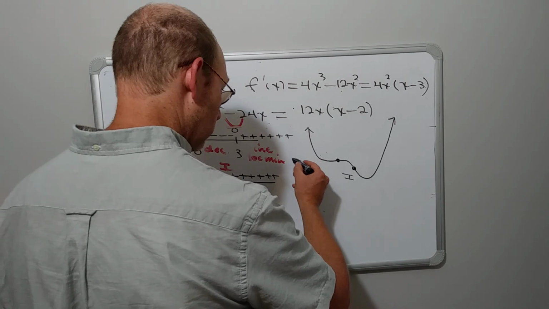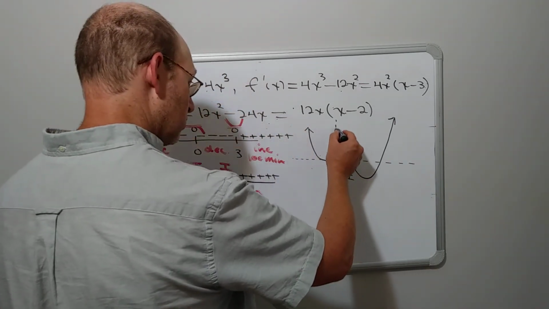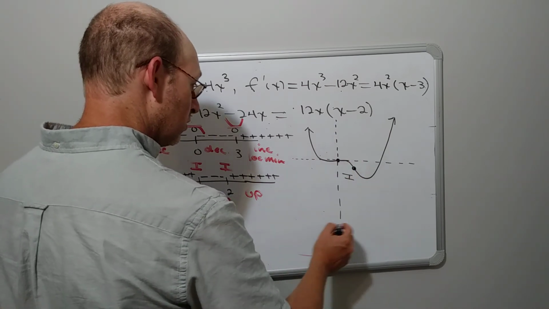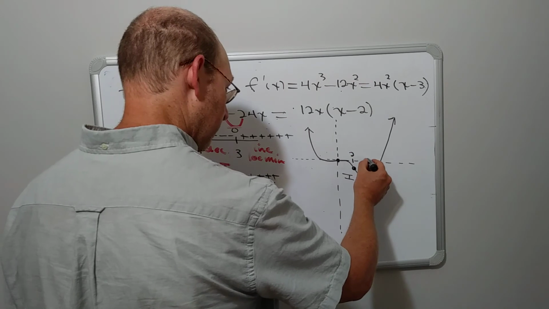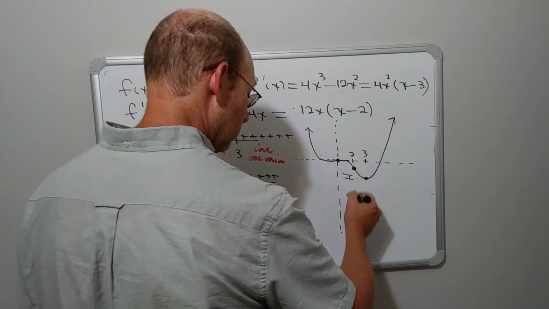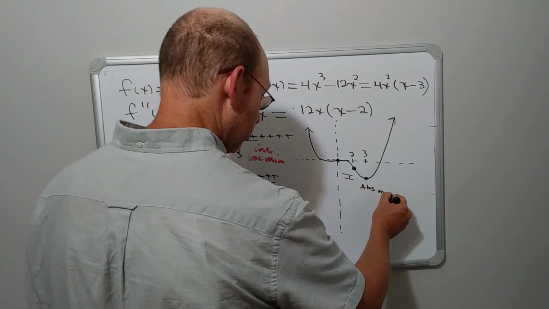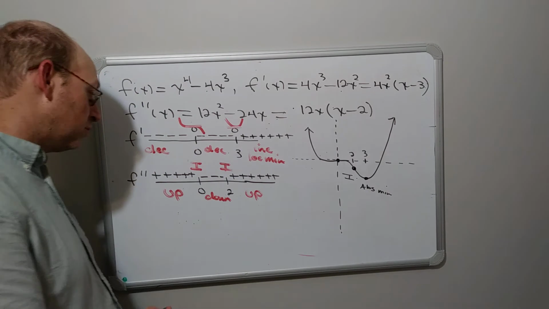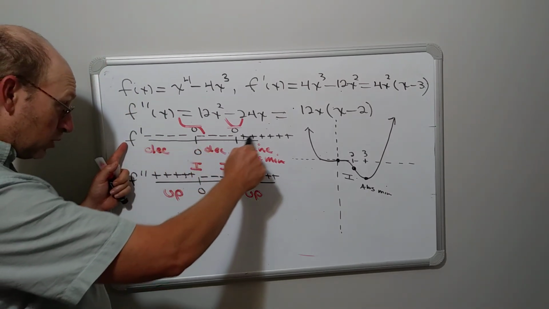So let's draw the coordinate axes. So right here, we're at 2, and right here we're at 3. That's our local minimum, but if you look at it, it's actually an absolute min. It's the lowest point in the entire graph, because we're decreasing and then we increase.